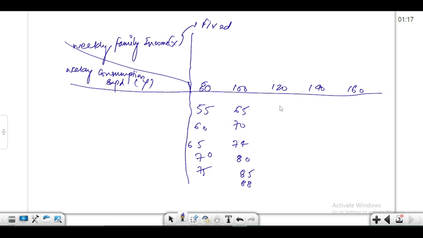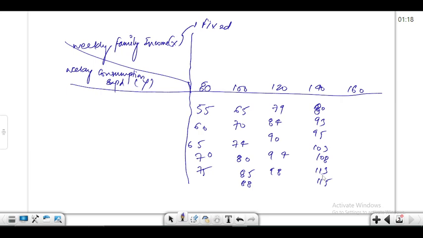Here we have 79, 84, say 90, 94, and 98. Here we have 80, 93, 95, 103, 108, 113, and 115.